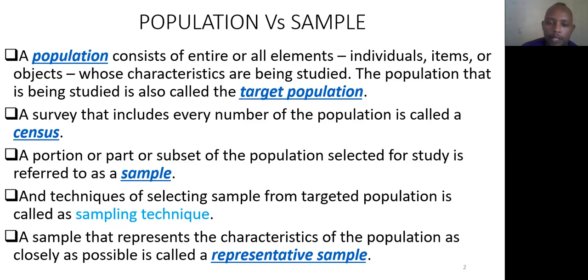Here, sample simply means a part that is derived from the target population for the study purpose. And the way that we select a sample from a population is called a sampling technique.